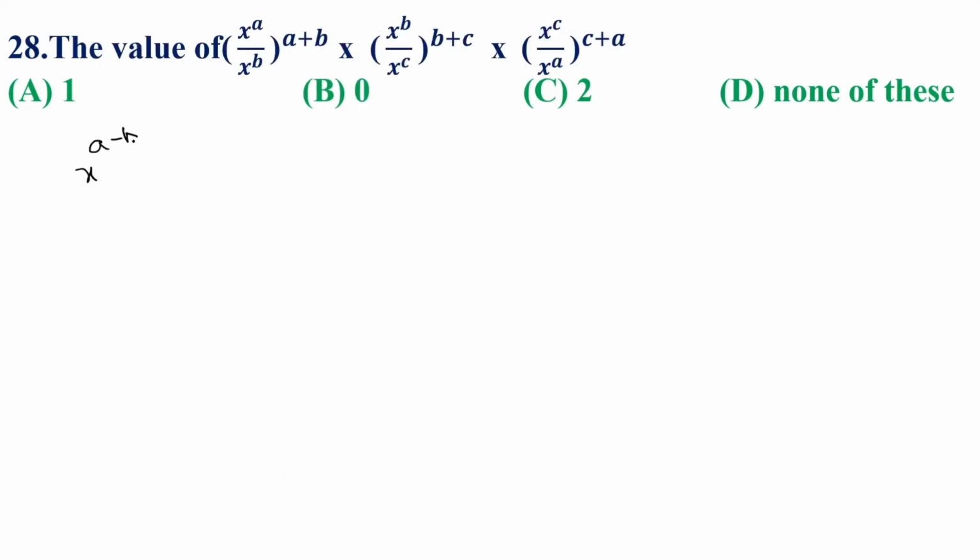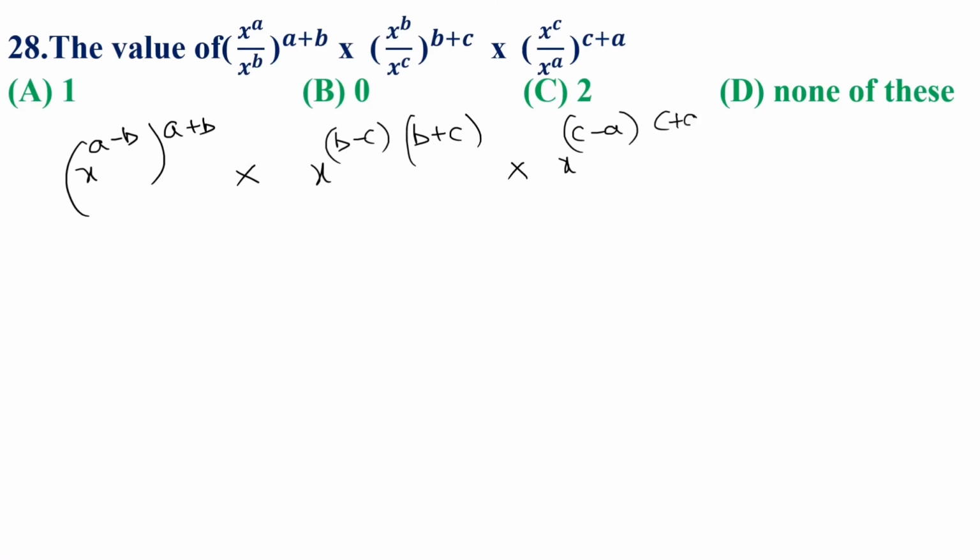x to the power of a minus b will become... so x to the power of a by x to the power of b means x to the power of (a plus b) into (a minus b), into x to the power of (b minus c) into (b plus c), into x to the power of (c minus a) into (c plus a).